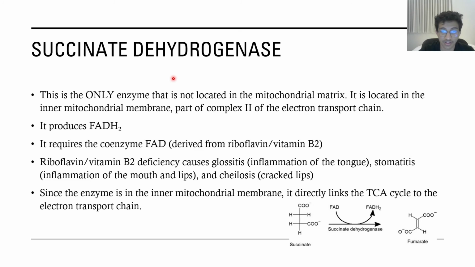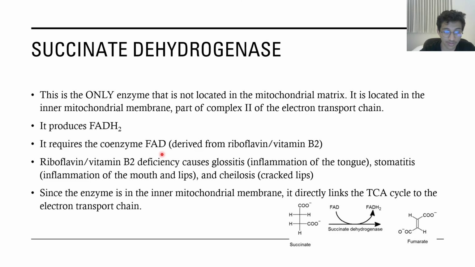It's the only enzyme that's not located in the matrix. It's located in the inner mitochondrial membrane, and it's also part of complex 2 in the electron transport chain. This reaction is the only reaction that produces FADH2, and since it produces FADH2, it also requires the coenzyme FAD.